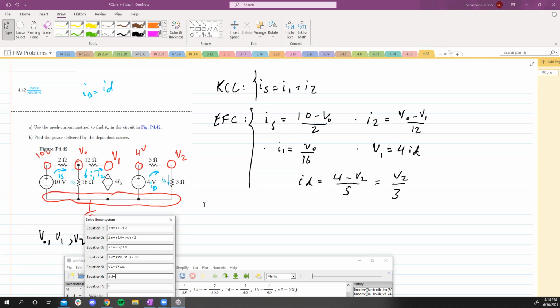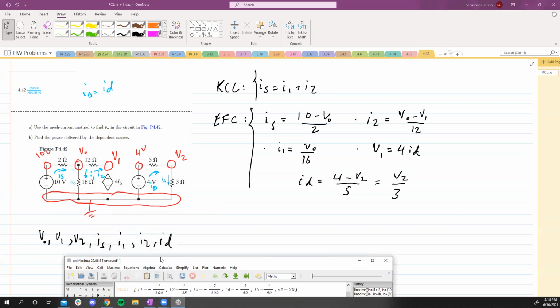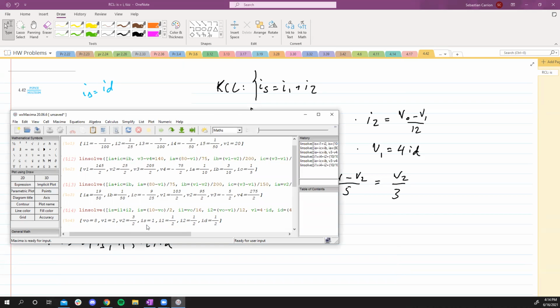ID equals 4 minus V2 over 5 equals V2 over 3. V1, V2, IS, I1, I2, ID. So, yeah, this would be our result.